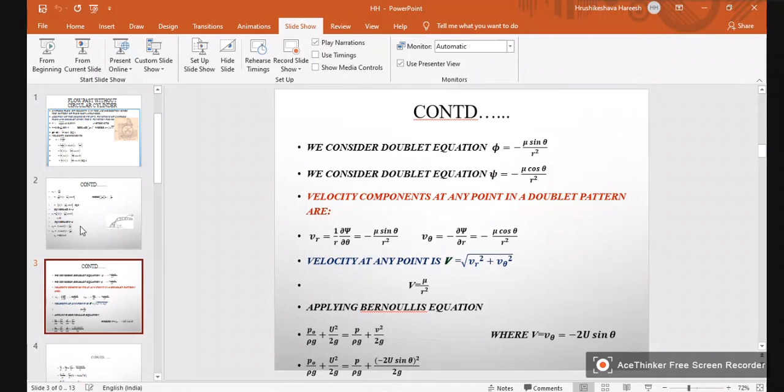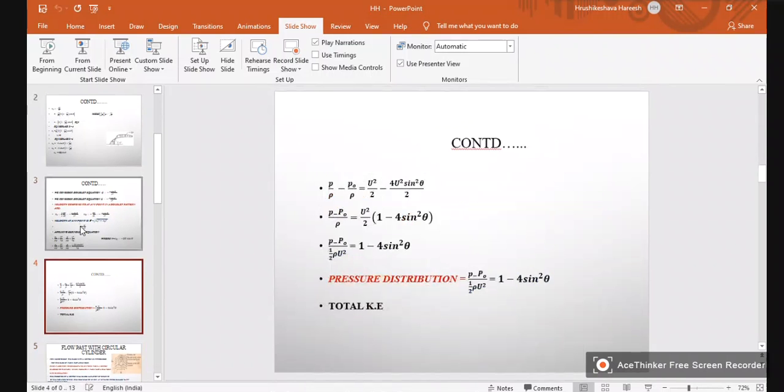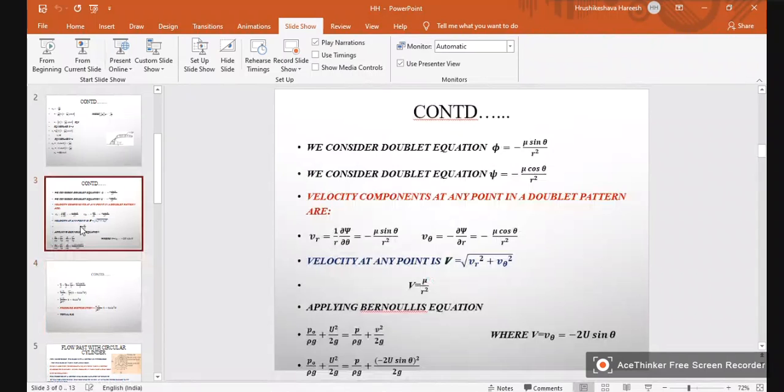By applying Bernoulli's equation, p by rho g plus u square by 2g equals p naught by rho g plus v square by 2g. In that equation, we are substituting v is equal to v naught is equal to minus 2u sin theta. Next slide. We are neglecting g on both sides.